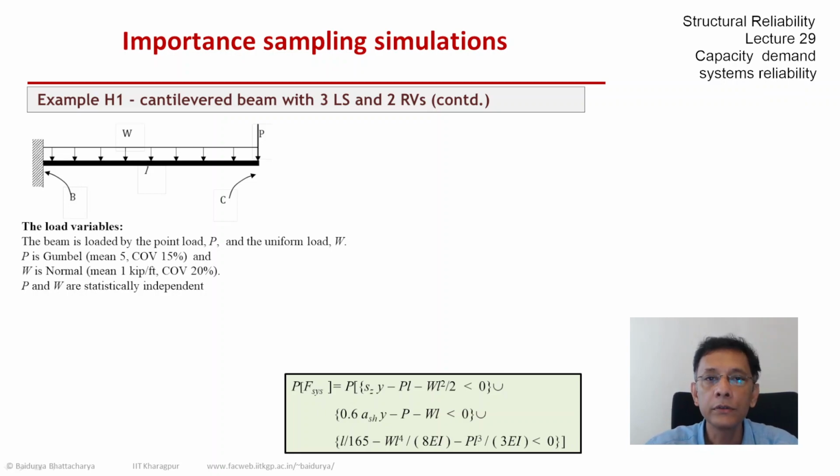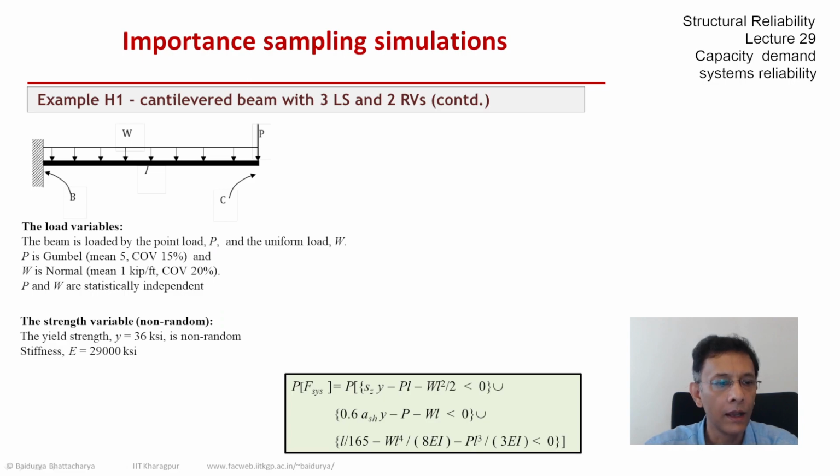Later on, we are going to consider dependence among them in the next example. The strength variables, for now, we have them as non-random. So the yield strength is 36 KSI and the stiffness is 29,000 KSI. So we are using non-SI units for this problem.